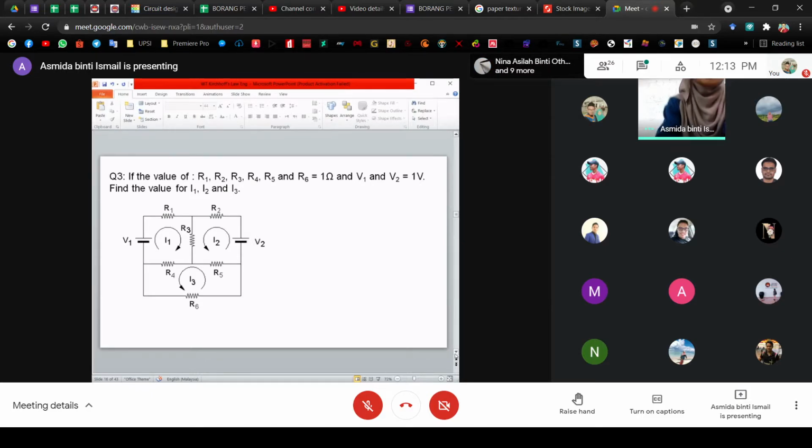If the values for R1, R2, R3, R4, R5, R6 are equal to 1 and V1 and V2 are equal to 1 volt, find the values for I1, I2 and I3.